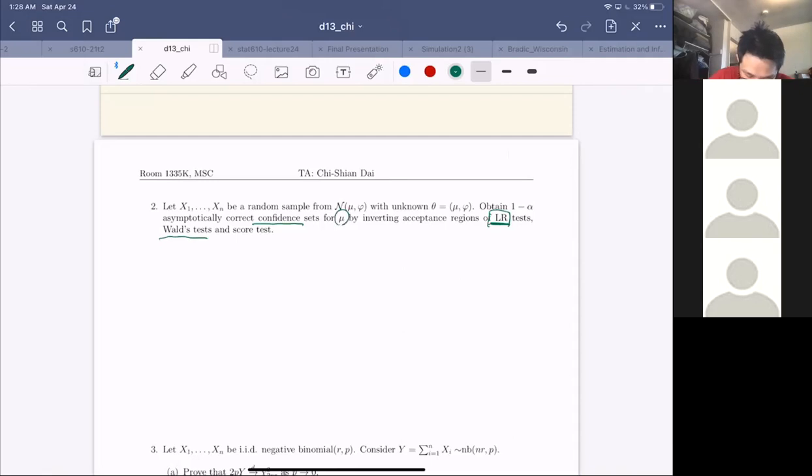For mu, in this case, we want to invert the hypothesis testing when mu is equal to mu zero and mu is not equal to mu zero. So in this case, mu is known, but sigma is unknown.